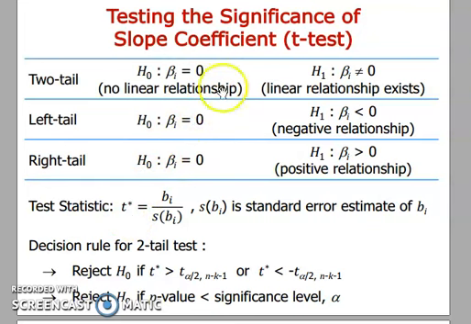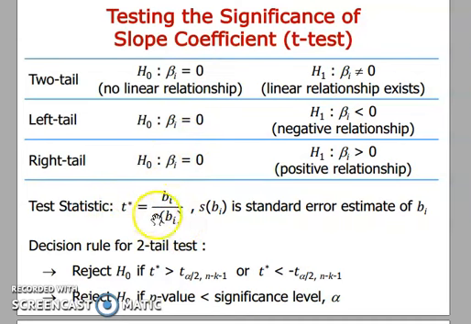The test statistic for the zero null hypothesis is t star equals bi over the standard error of bi. In the example just now, if you write H0: beta 2 equals 0, H1: beta 2 not equal to 0, then our t star would be b2 over the standard error of b2.